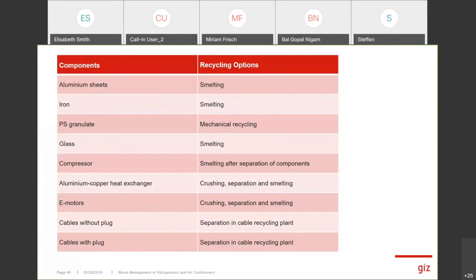So we have on the left side the components, on the right side the recycling options. I will just mention the most important parts. Aluminium sheets by smelting, iron by smelting, PS granulate by mechanical recycling, compressors, smelting and separation of components, or probably manual dismantling of a compressor and receiving metals and copper parts out of the hermetic compressor.